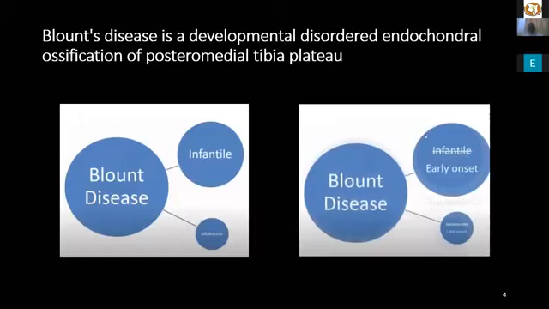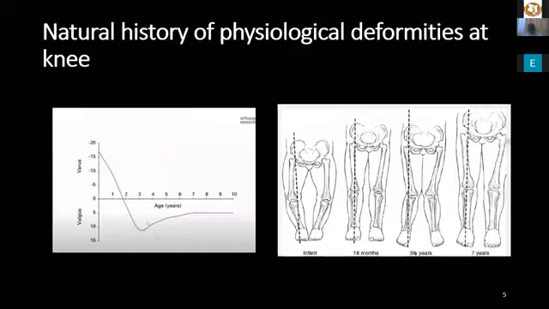However, because of the natural history which has been evaluated, the current terms now employed include early onset, from 0 years to 4 years, and late onset from 4 years up to 10 years. So the juvenile part and the adolescent part are classed together as one disease.